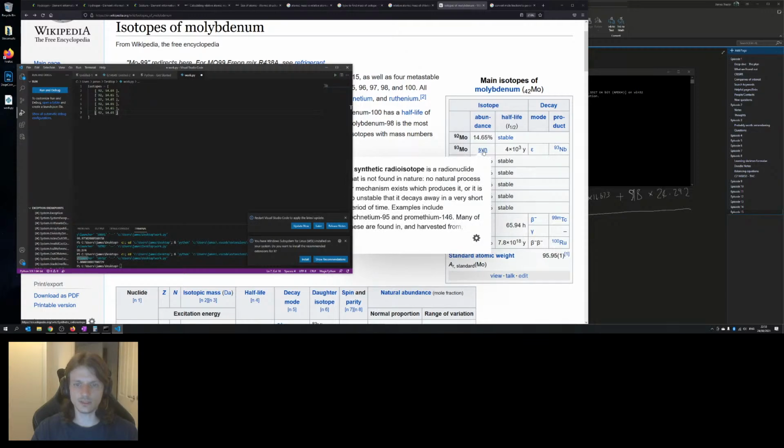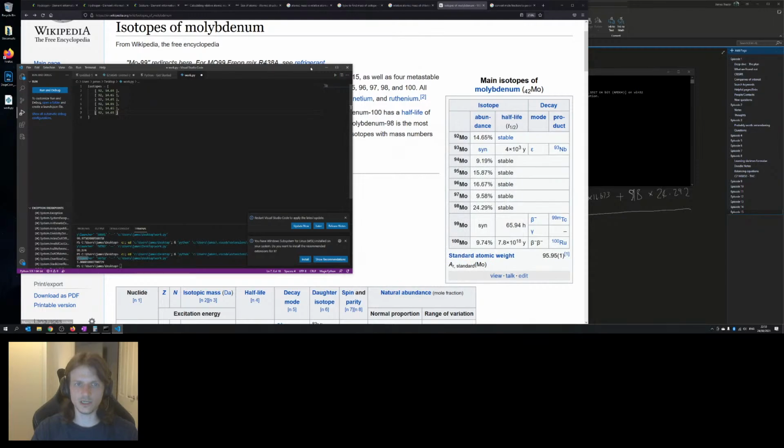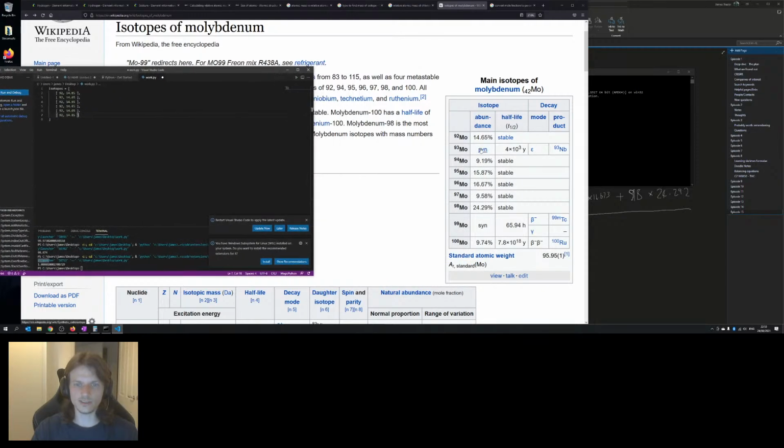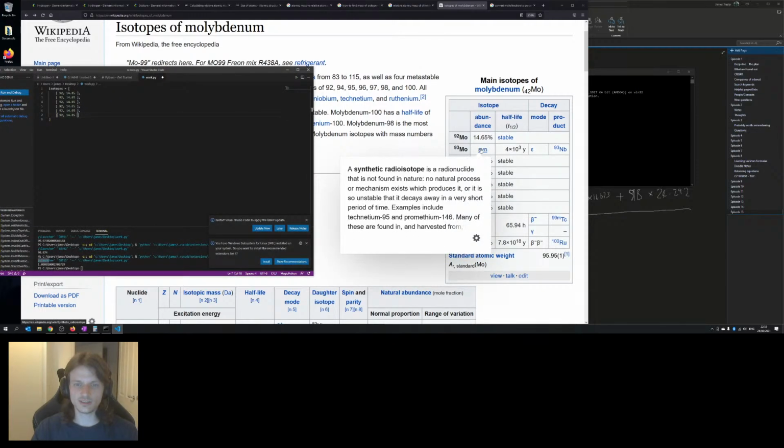A synthetic radioisotope is a radionuclide that is not found in nature. Oh wow. No natural process or mechanism exists which produces it, and it is so unstable that it decays away in a very short period of time.